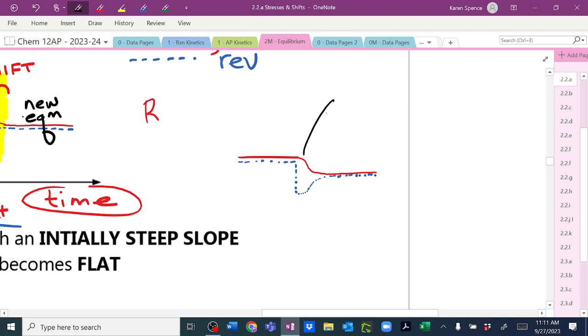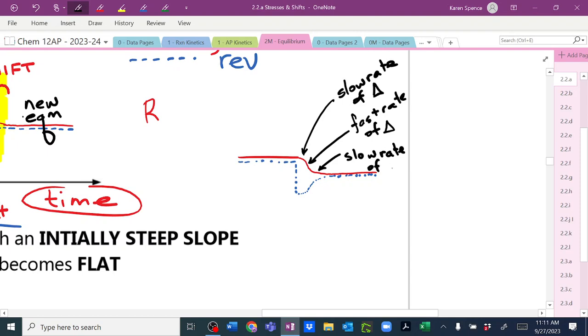What's your rate of change here? Slow rate of change. Is delta okay for change? Okay, slow rate of change. And then we have a fast rate of change. And then we have a slow rate of change. So is that what happening?